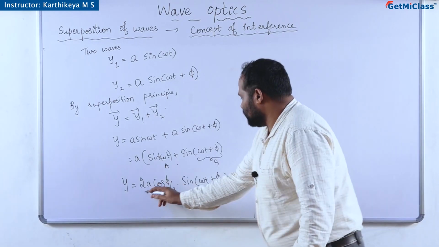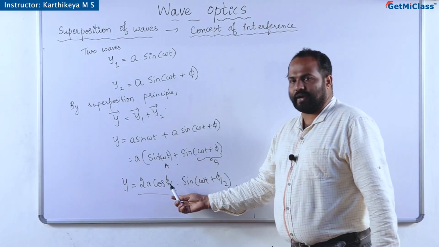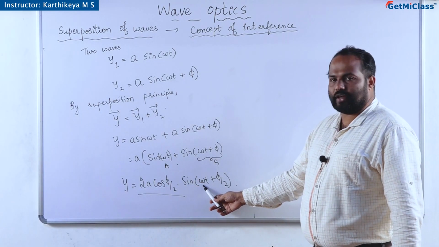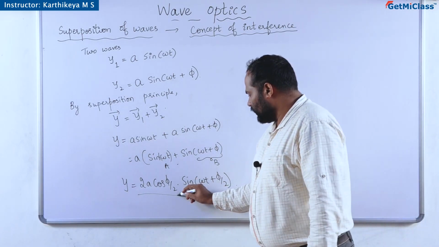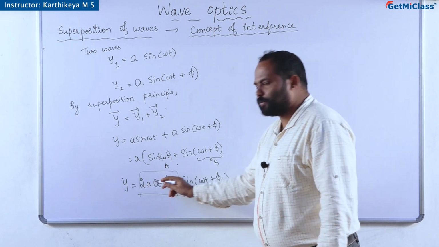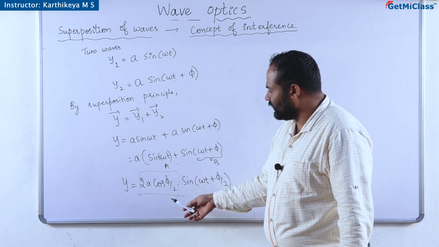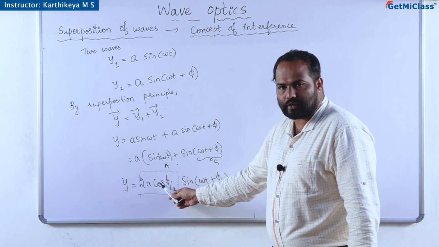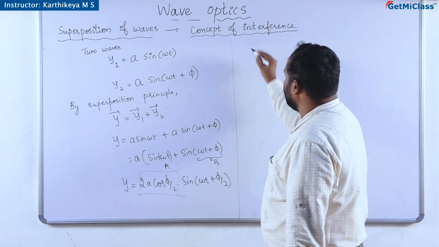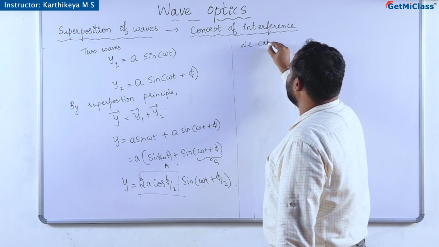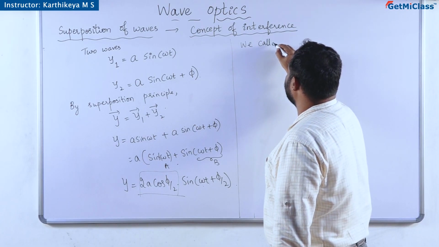Finally, this term is independent of angular velocity of the wave, that is, of time. Hence, if the phase difference between the two waves is a constant, then this term 2a cos (phi by 2) is a constant. This we call the amplitude of the resultant wave.